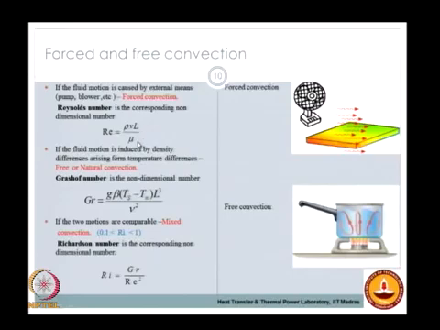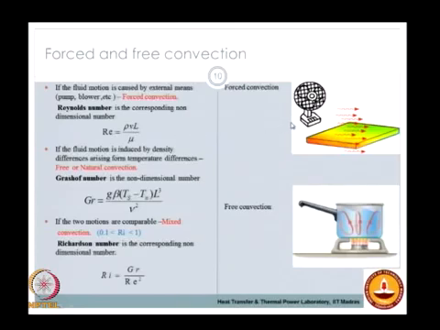It is defined based on the characteristic dimension of the heat transfer object, and the density and viscosity are defined with respect to the free stream properties, or maybe the average properties between the surface and free stream temperatures, and V is the velocity of the fluid.